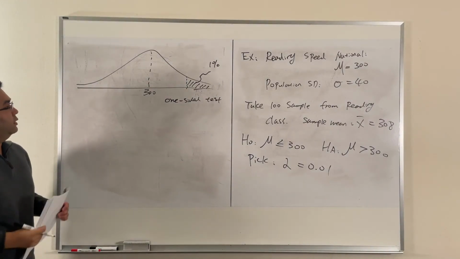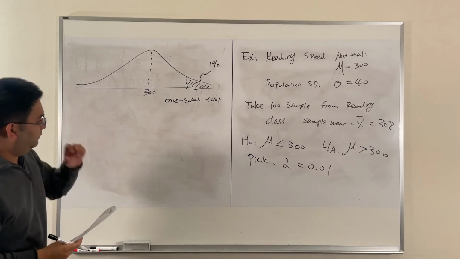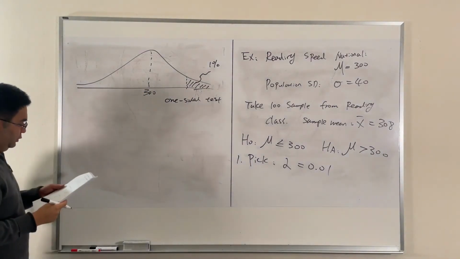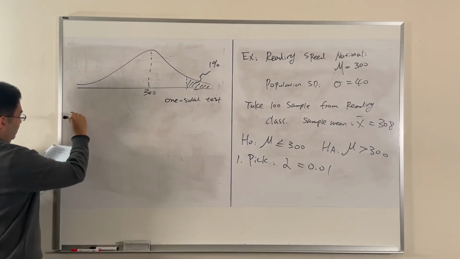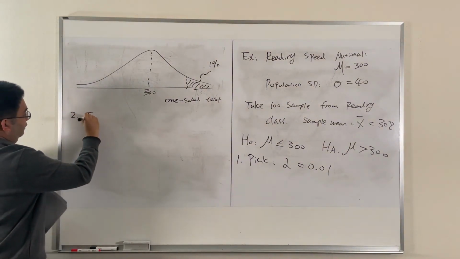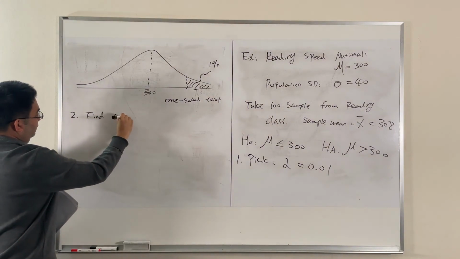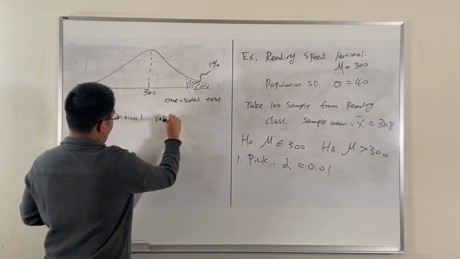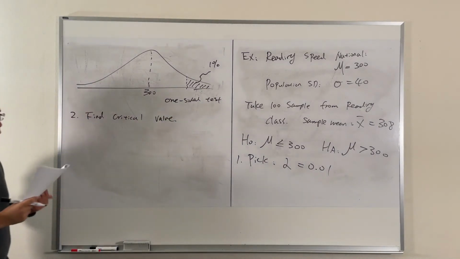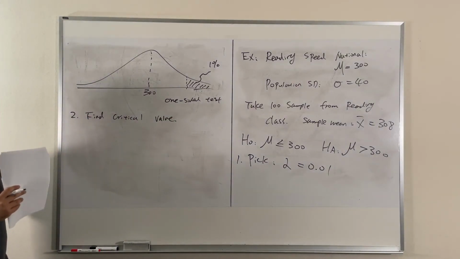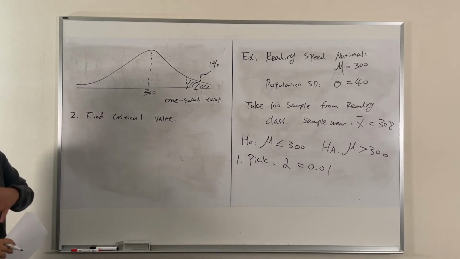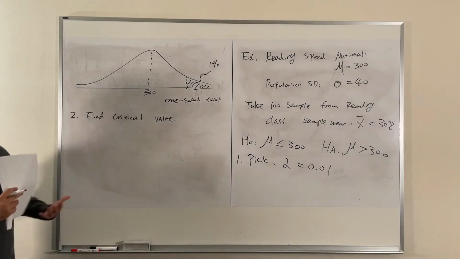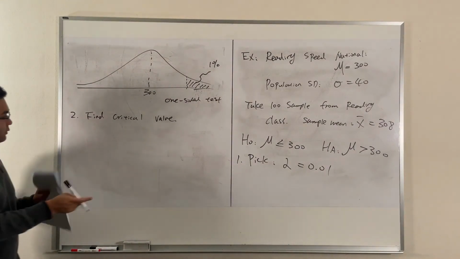Well, let's find the critical value. So let me name this one 1. So we want to pick the alpha first, and then 2 is we want to find the critical value. Since later we'll do the test statistics, we can just look at it from the standardized normal's perspective.